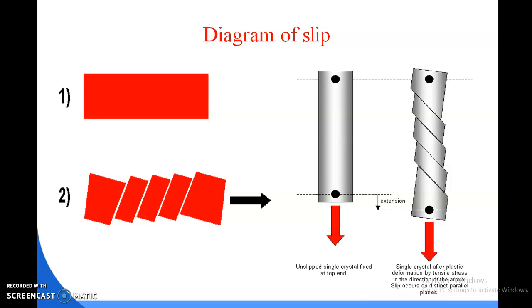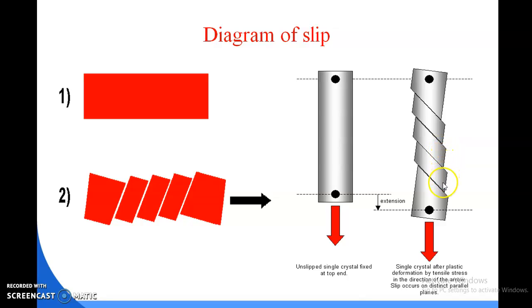Slip in a face-centered cubic crystal occurs along the close packed planes. Specifically, the plane is of one type and the direction is of another type, as in the diagram on the right. This is our unslipped single crystal fixed at the top end, and this is the crystal after plastic deformation by tensile stress or in the direction of shear stress.